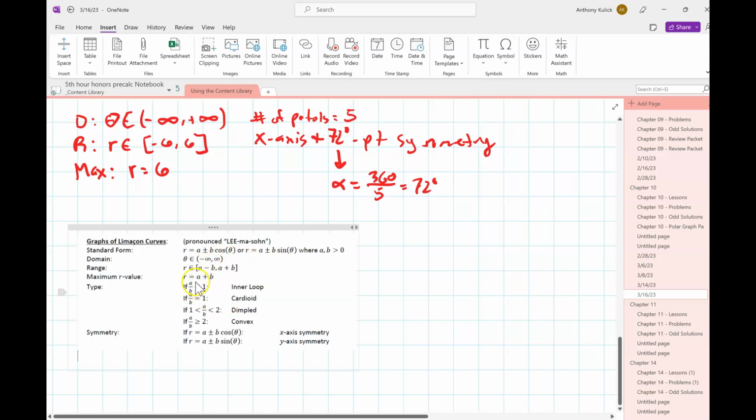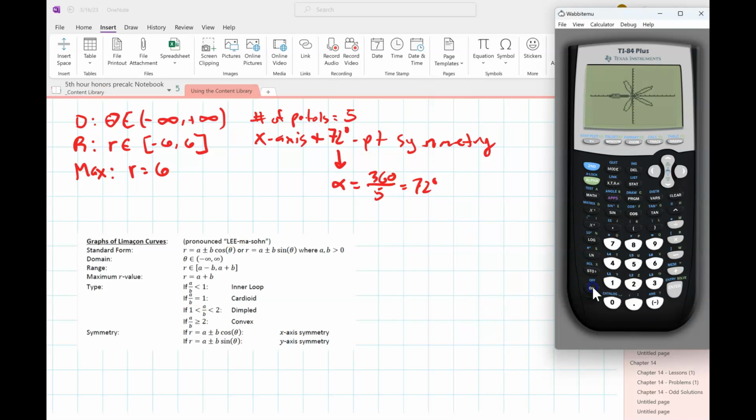And then the ratio of a to b is going to tell us about the shape of our limaçon curve. So let's look at a couple of examples real quick so you can see what we mean by inner loop and cardioid and dimpled and convex and all this jazz.